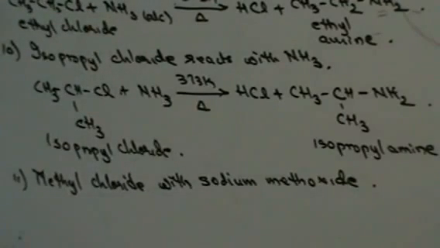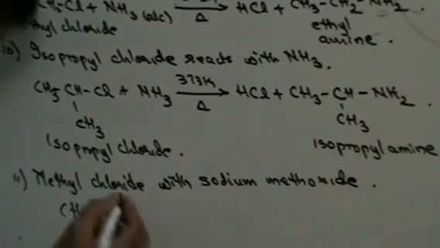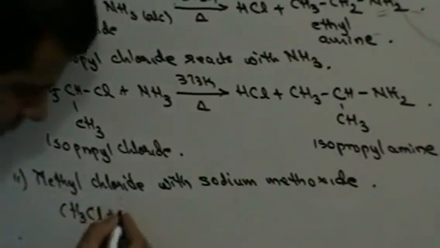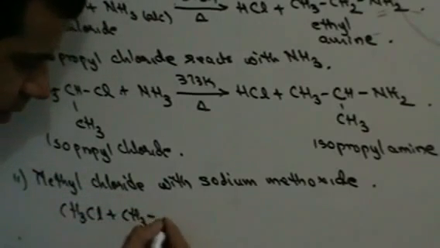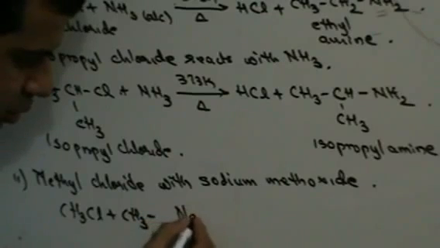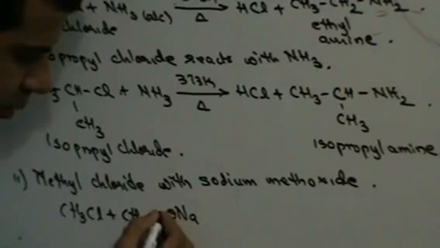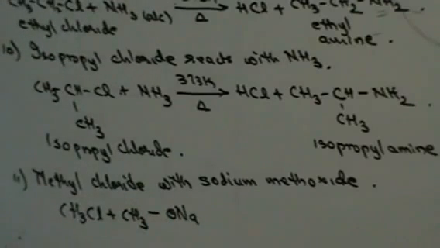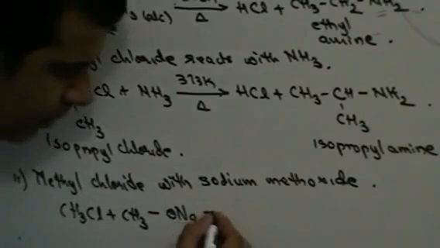Right? Methyl chloride, CH3Cl, reacts with sodium methoxide, CH3ONa. Valency of oxygen is 2, so one bond will connect with methyl group, one will connect with sodium.